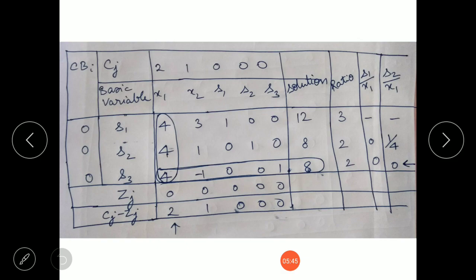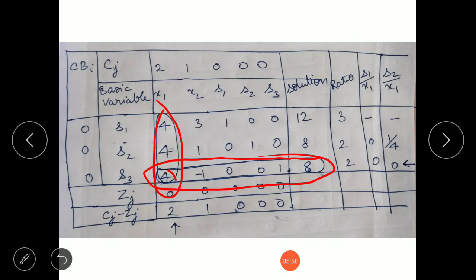So we'll encircle the row corresponding to this minimum value. This is our key row, and this was our key column. And what is the key element? The key element is the overlapping of the key row and the key column. So from this slide we know that X1 is the entering variable and S3 is the leaving variable, and we will proceed further as we did in the previous examples, by making iteration table 1.